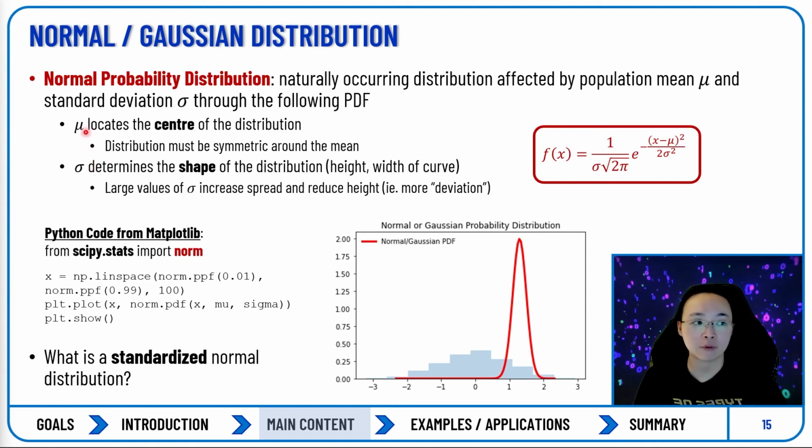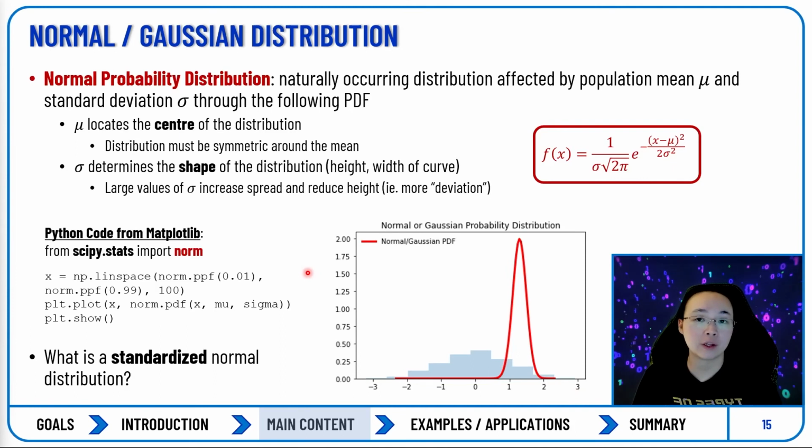Mu being the average or the mean, it locates the center of the distribution. One of the requirements of a Gaussian distribution is that the distribution must be symmetric around the mean. So if I cut this in half, then that line that cuts the normal distribution in half is going to be the mean. Now, sigma is going to determine the shape of the distribution, the height and the width of this peak.